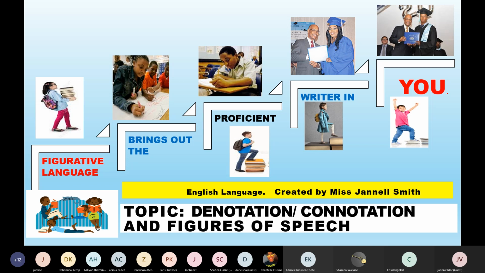Okay. I see simile. Mrs. Studio, you were muted. Paris says denotation is the primary dictionary meaning of a word. What do you mean by the primary meaning of a word, Paris?